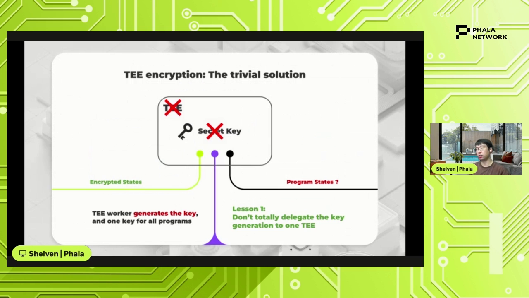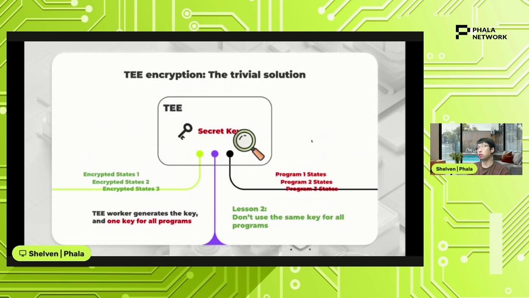So this is lesson one we can learn from this model: do not totally delegate the key generation to one TEE, because if that TEE is down, all the data encrypted by these keys will be frozen forever.